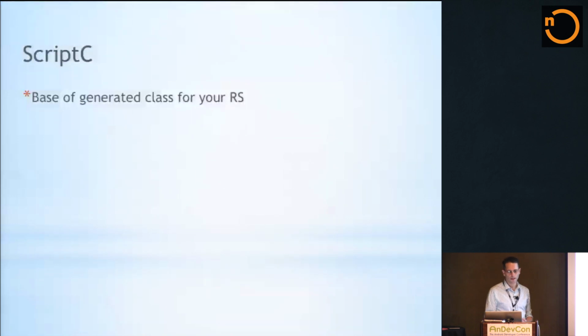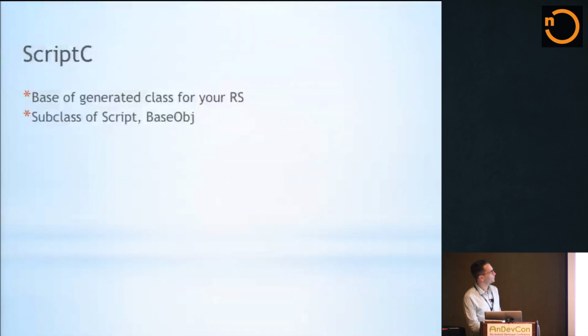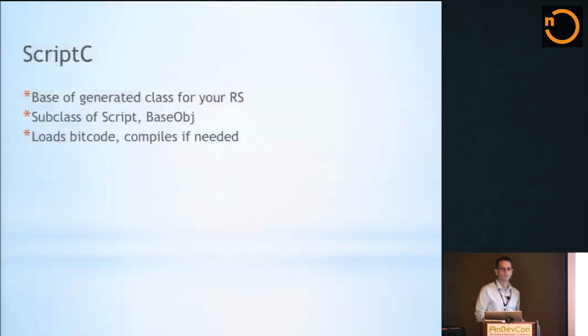So this script-C class is the base, we talked about this a little bit, of your generated class. It's a subclass of script and base object, and it loads the bitcode and compiles it if needed. So the context manages the cache, and it works in conjunction with the script-C to actually do the compilation if it's needed.